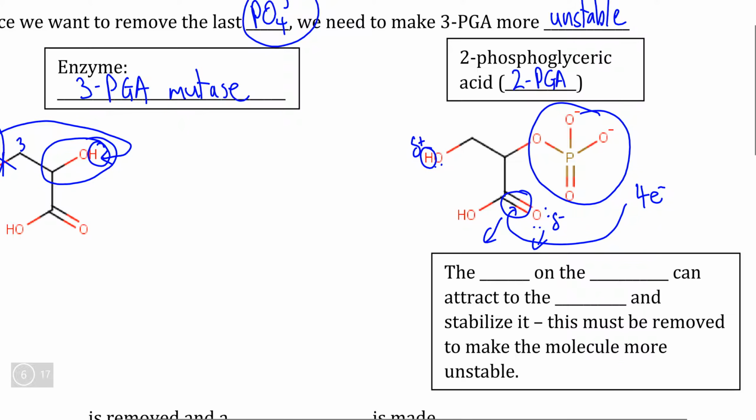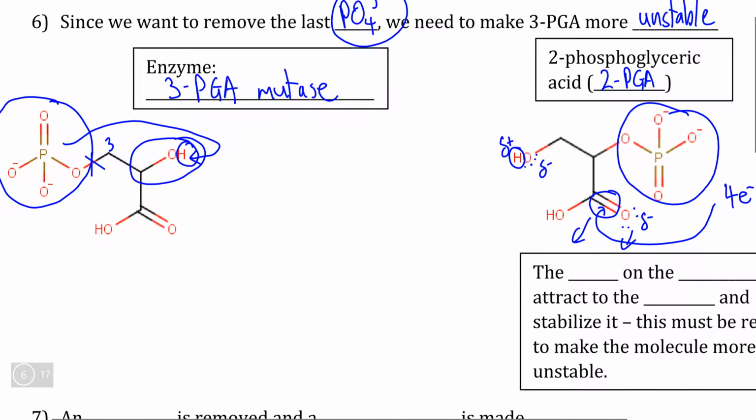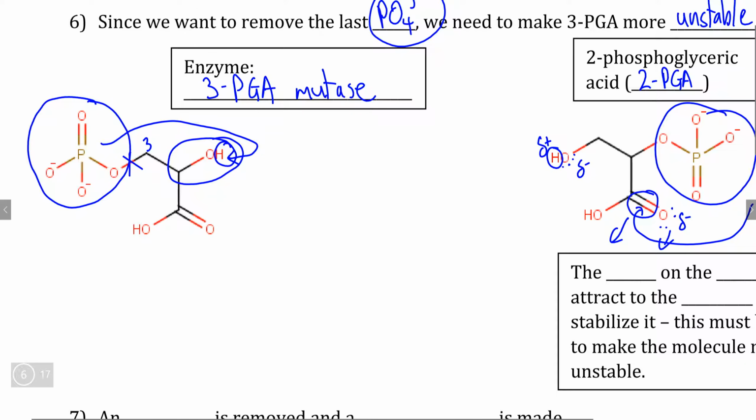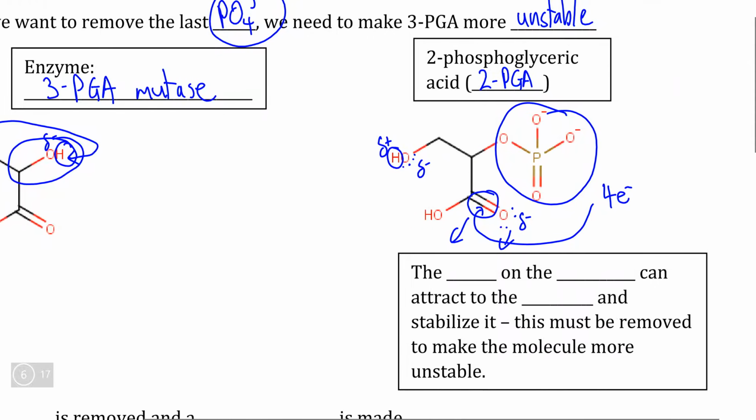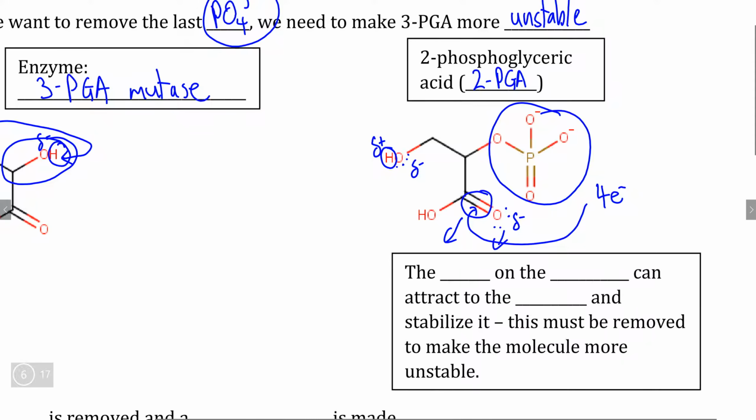Additionally, we also have the oxygen on the OH on carbon 3, so now instead of this phosphate having repulsion from only one direction, because there's nothing on the left side here, now this phosphate is completely surrounded by repulsive forces on both sides.